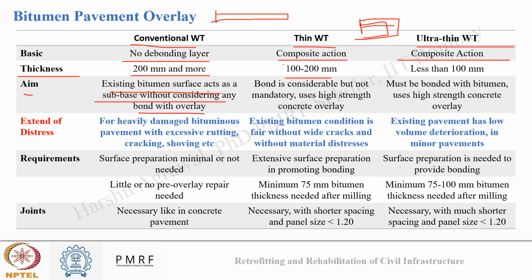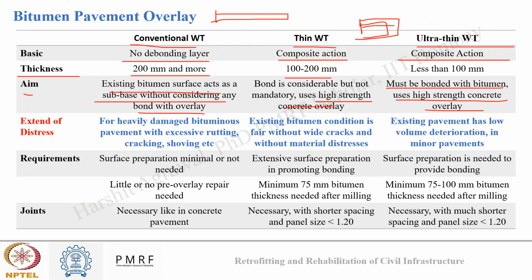While in thin white topping, bond is considerable but not mandatory, and it uses high strength concrete overlay. So for thin white topping, we generally use high strength concrete overlay, and bond may or may not be there. While in ultra thin white topping, it must be bonded to the bitumen, and it again uses high strength concrete overlay.